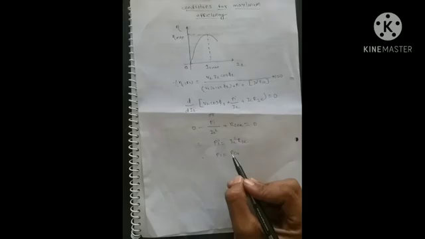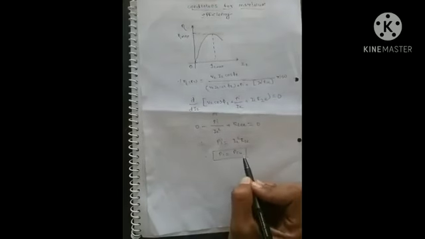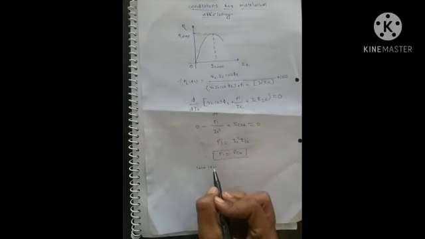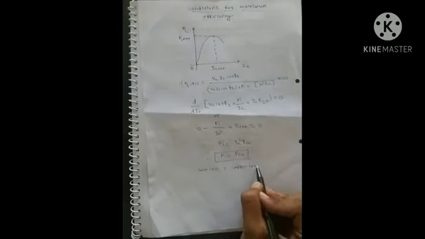So for the condition of maximum efficiency, iron loss equals copper loss.